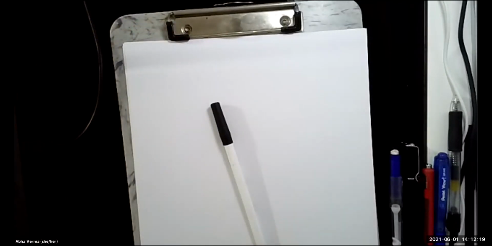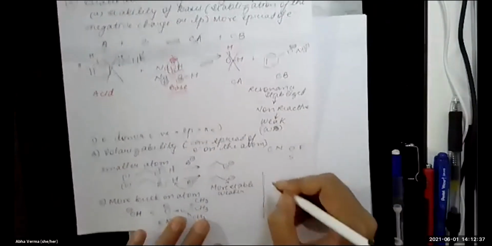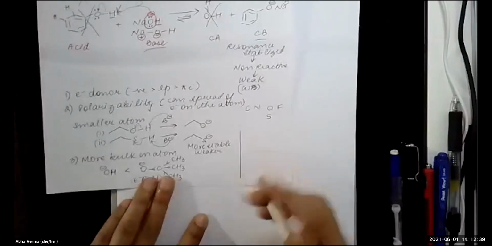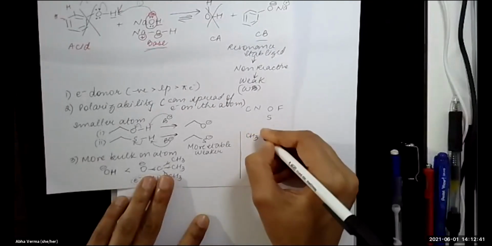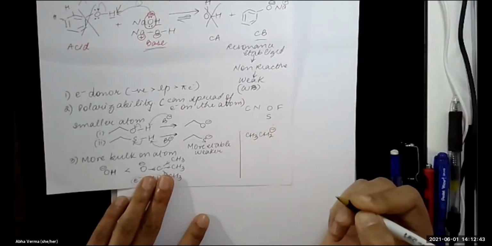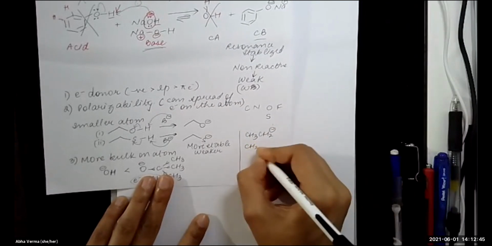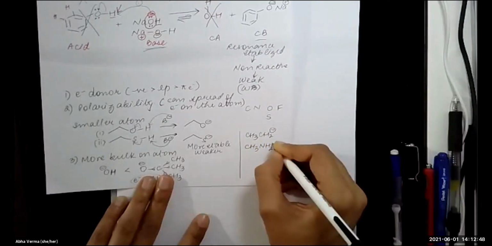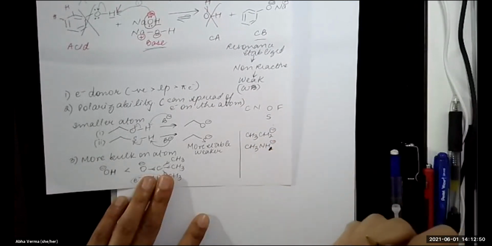So let's quickly do a poll here. I will give you 4 choices. You will have CH3CH2 negative. You will also have CH3NH negative.